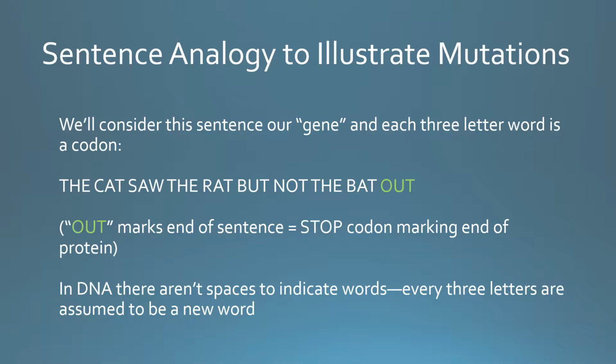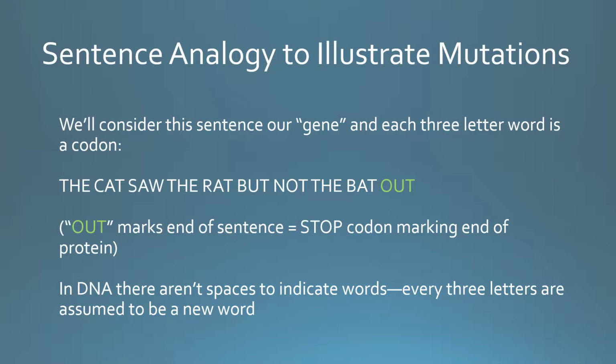If you remember from the previous talk, we made an analogy of a sentence composed completely of 3-letter words to illustrate the way in which a gene codes the amino acid sequence of a protein, because every 3 DNA letters correspond to a particular amino acid.